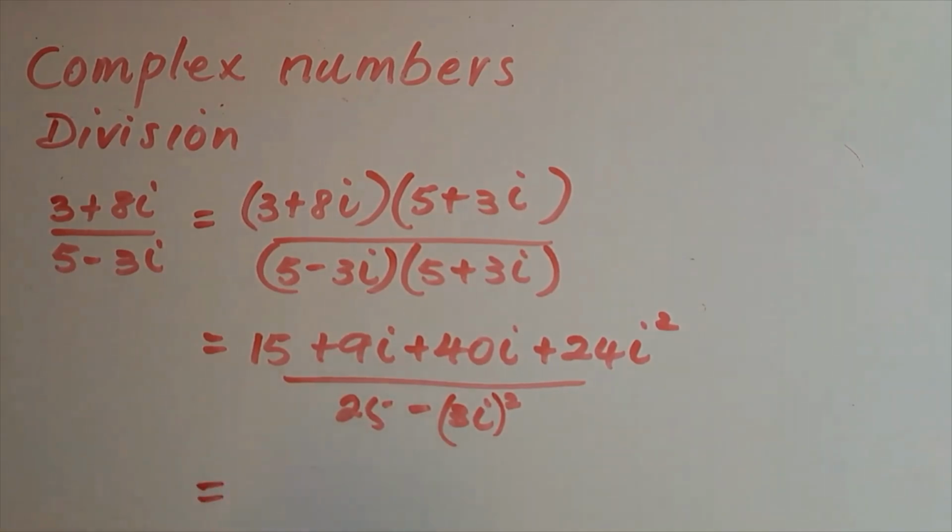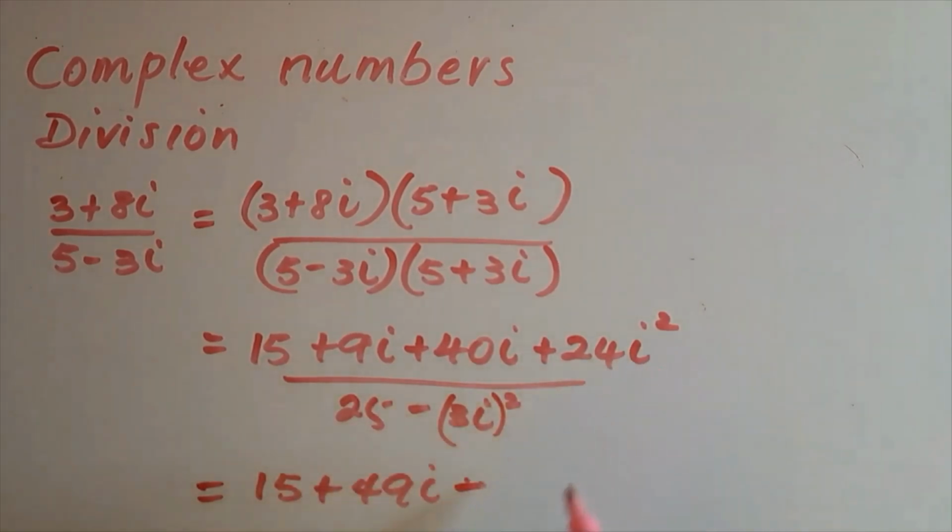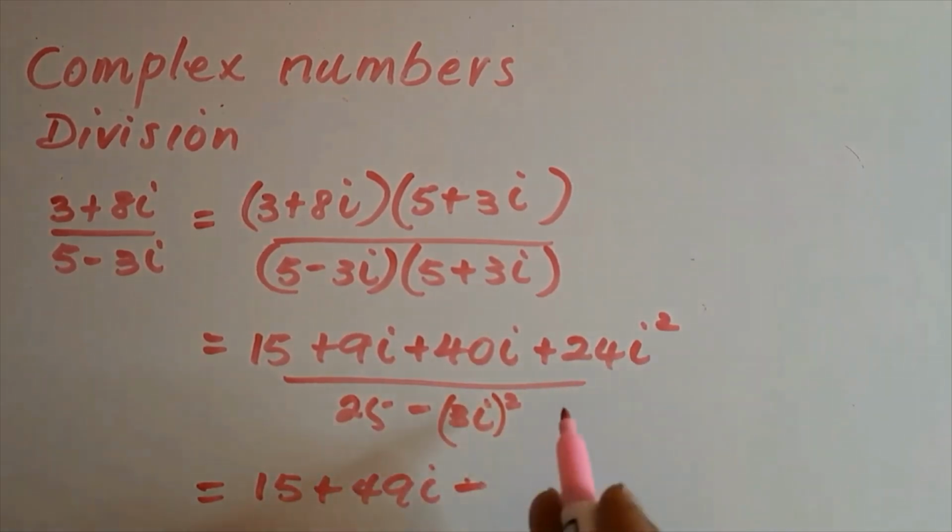Now if we simplify, we have 15 add 49i minus, so this is 24i squared. i squared is minus 1, so this is minus 24.